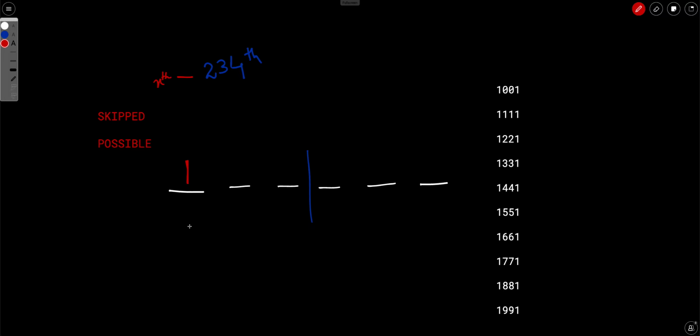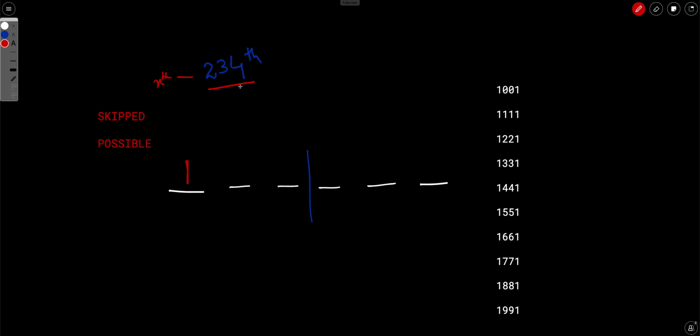If we start with 1, how many palindromes are possible that will start with 1? 100, right? Because we have 2 digits to be filled, and each of these are inner digits, so they can have anything between 0 to 9, and hence 10 into 10, which is 100. So there are 100 palindromes possible if we start with 1.